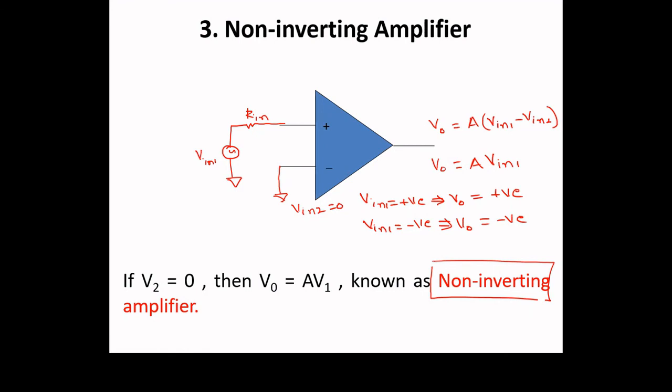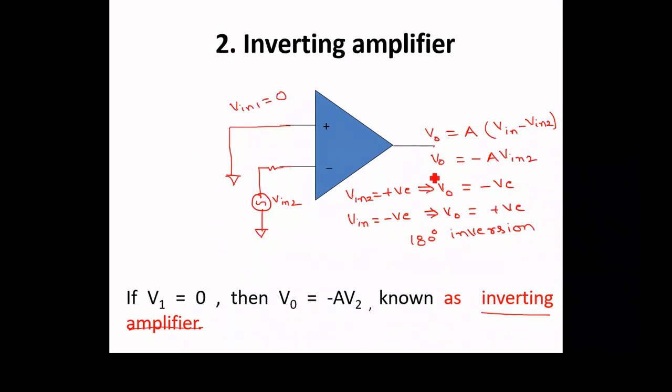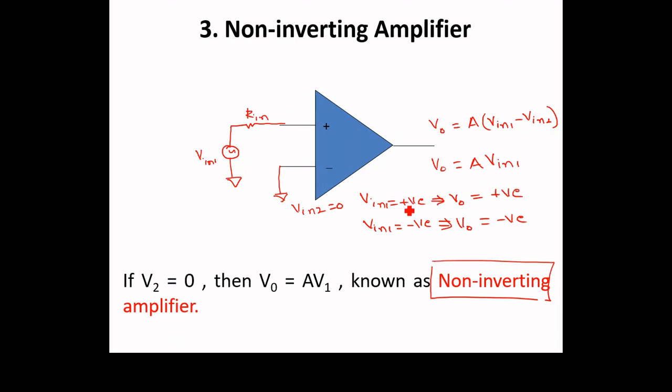So whenever there is an inversion relationship, whether it is open loop or closed loop, then such an amplifier is called inverting amplifier. Whenever there is no inversion relationship between the output voltage and input voltage, then it is called non-inverting amplifier.